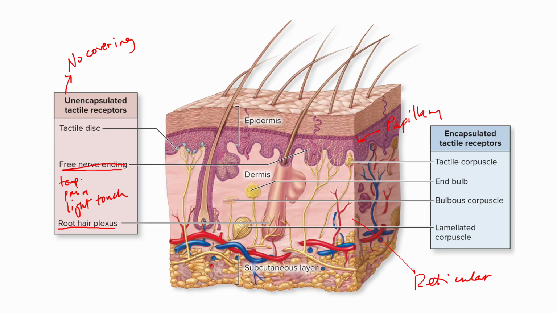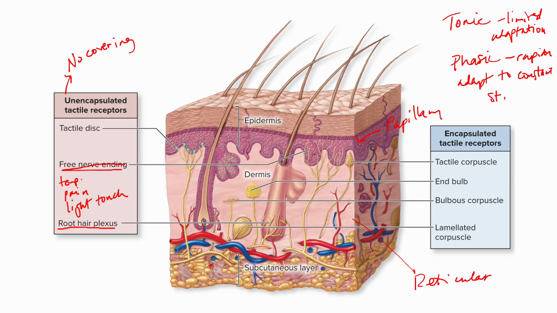An interesting thing about these is that they adapt very quickly. We have a couple of terms that I just want to mention to you. One is tonic, and the other is phasic. Receptors can be tonic receptors, meaning that they have limited adaptation, or they can be phasic, which means that they can rapidly adapt to a constant stimulus.